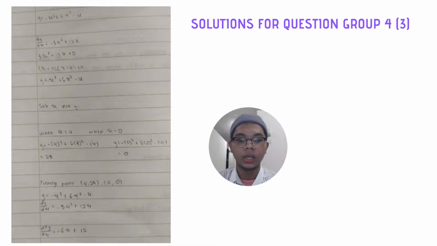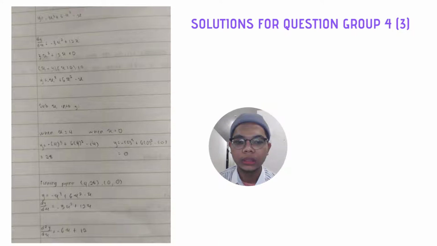And also when x is 0, y equals negative (0) cubed plus 6(0) squared minus (0). So the answer is 0. So the turning points will be (4, 28) and (0, 0).